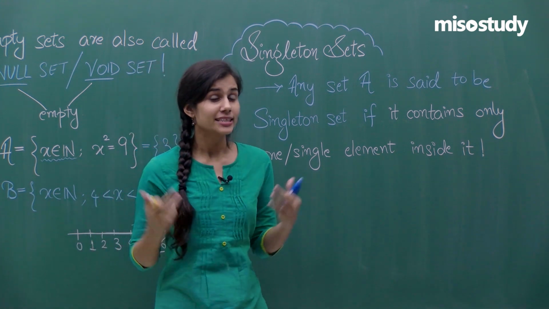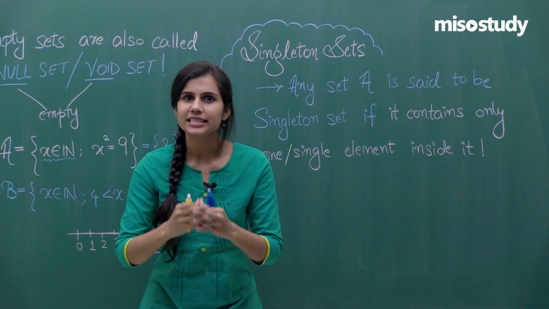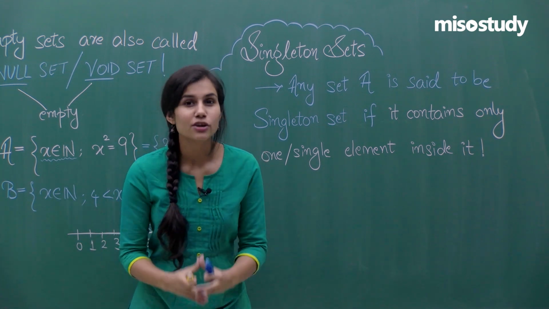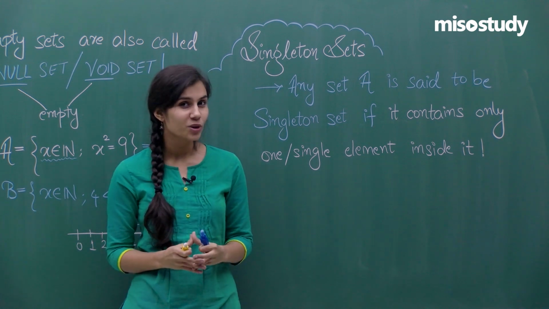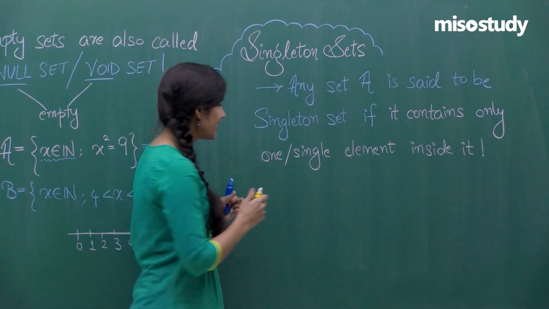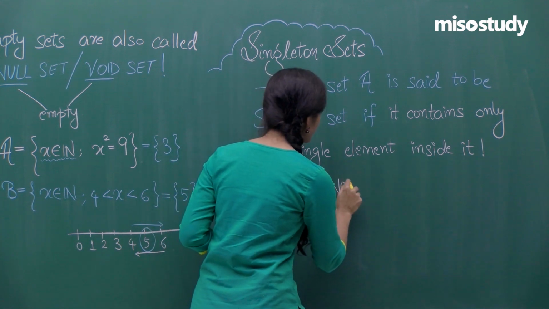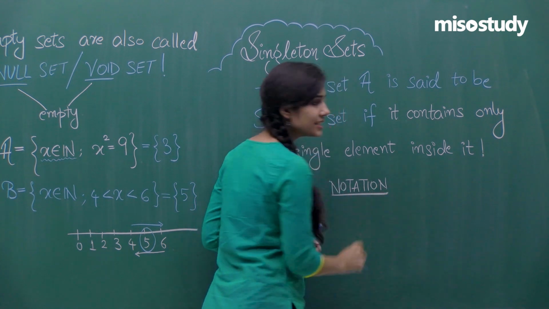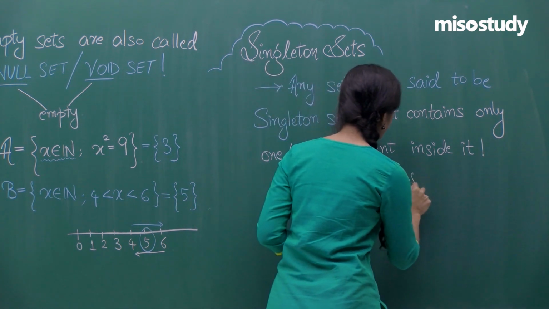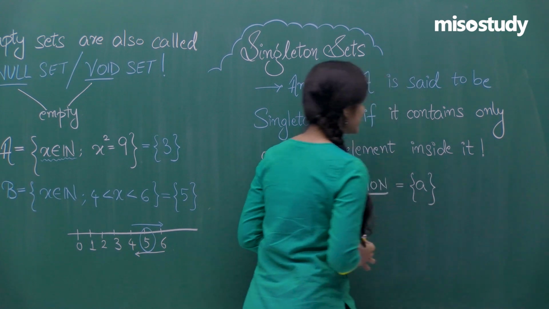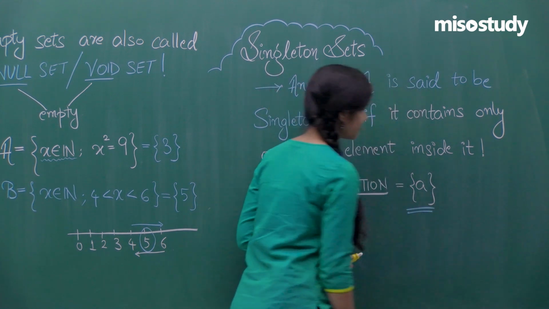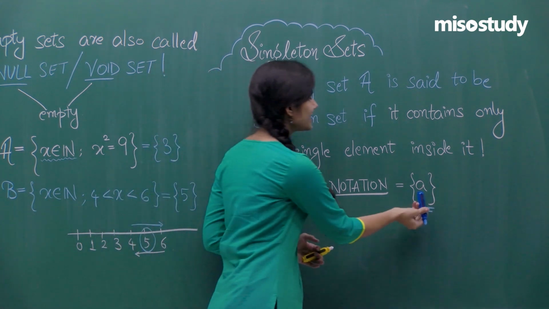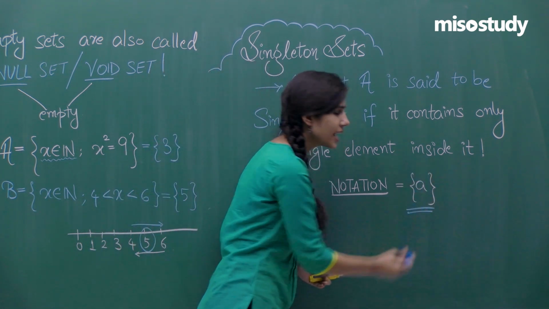You would be wondering that I gave a symbol to the empty set, which was the symbol phi. Is there any symbol reserved for Singleton sets too? Well, yes, there is. The notation which we are supposed to use in the case of any Singleton set is {a}. Whichever a belongs to the particular set comes out as the only element sitting inside the set.